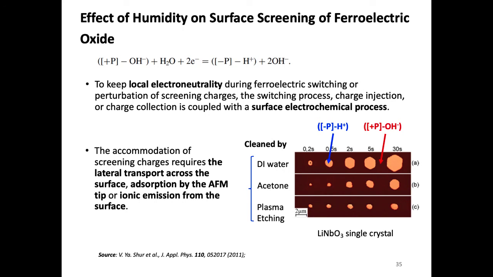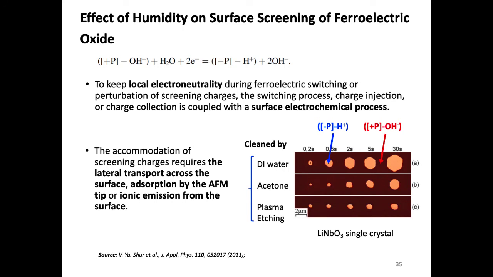You see the polar domain has the largest domain radius, while for plasma etching or acetone treatment, the domain is smaller. So obviously it means with water, the minus polarization attached with hydrogen is more favorable, and that can be understood from the chemical equation that we just discussed.